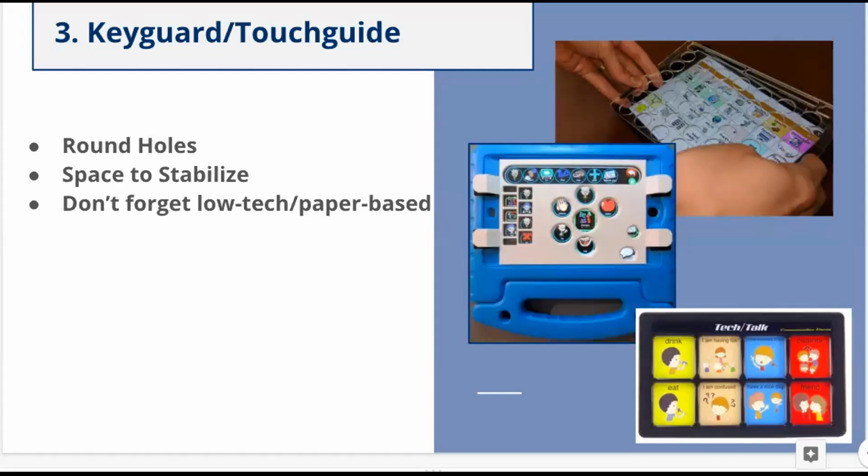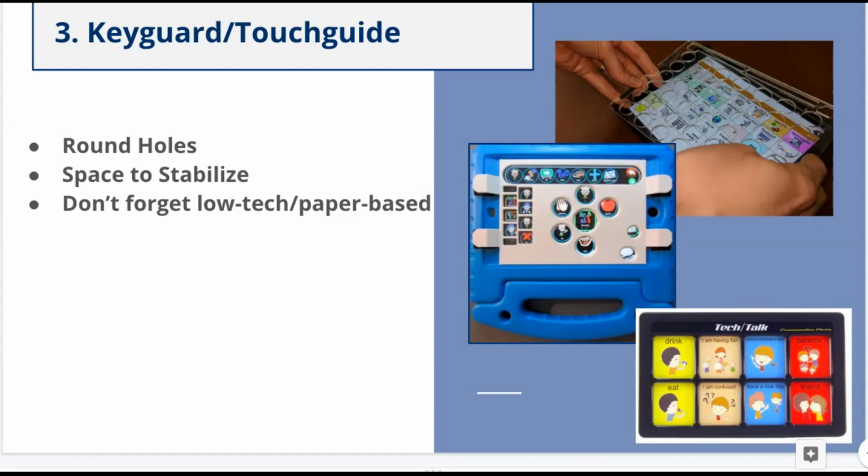So I have a specific love of round holes on my key cards because I find the Tech Talk, you can see on the bottom right corner, has these large squares, and it is nice and raised, but when you're reaching in there, a lot of times you'll get an additional finger in, or a thumb, or just inadvertent hits that we didn't intend.